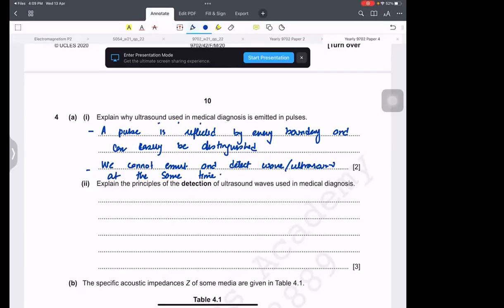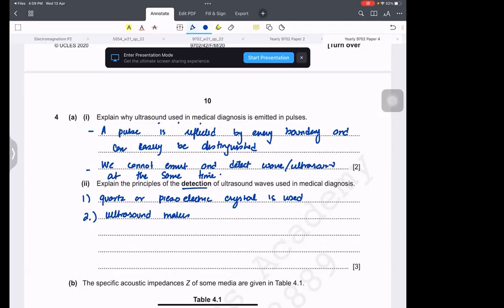Explain the principle of the detection of ultrasound waves used in medical diagnostic, right? So we want to see how are they detected. When this question comes, you have to write that quartz or piezoelectric crystal is used. Number 1. Then you write ultrasound makes, we are talking about detection, right?